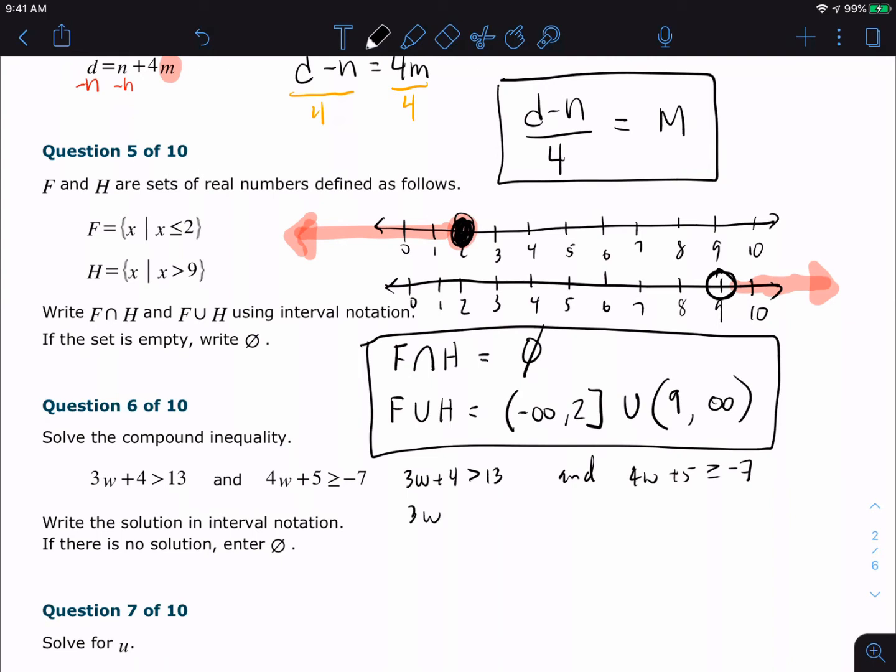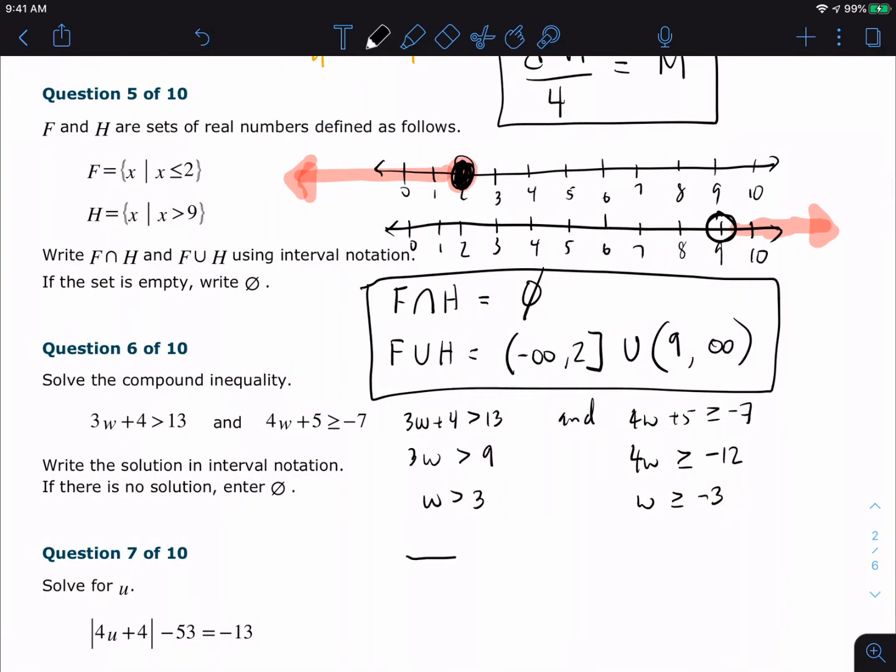Well, I'm going to get 3w is greater than 9, so w is greater than 3. Is that clear? Yes. Okay, and then the other one's going to be 4w is greater than or equal to negative 12 because I subtracted the 5. And then w is going to be greater than or equal to negative 3.